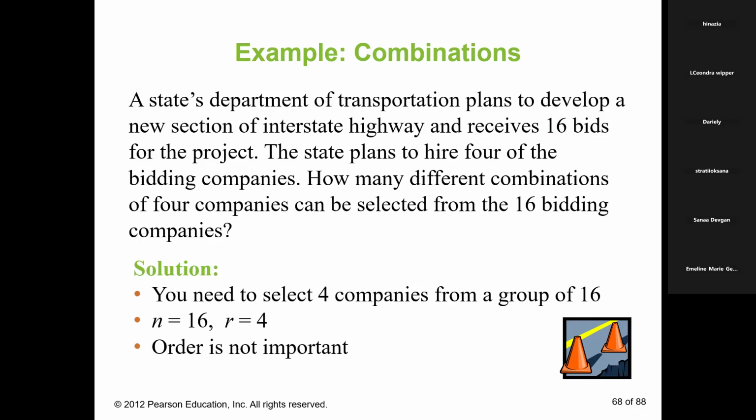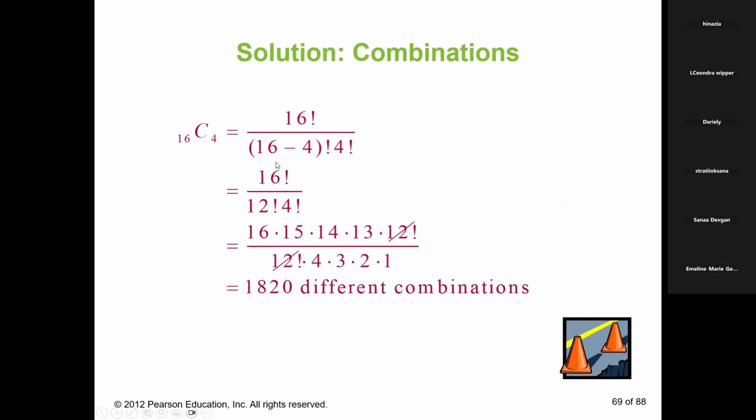Okay, so that's 16C4, right? n is 16, r is 4, 16 minus 4 times 4 factorial. 16 minus 4 is 12.